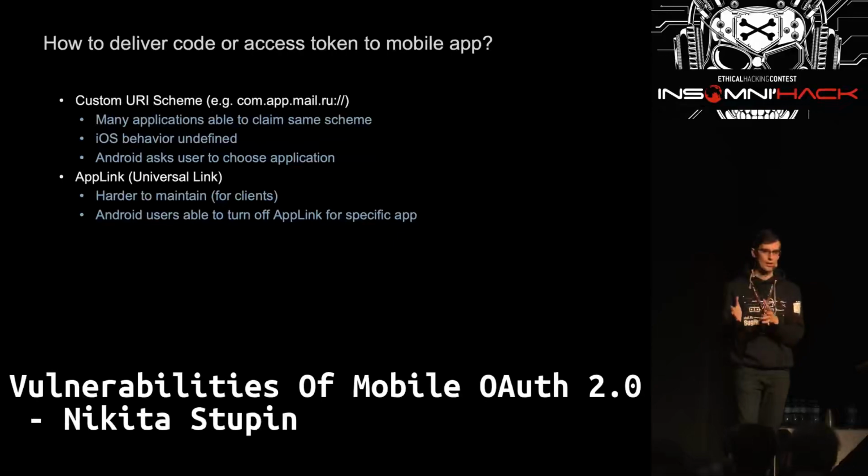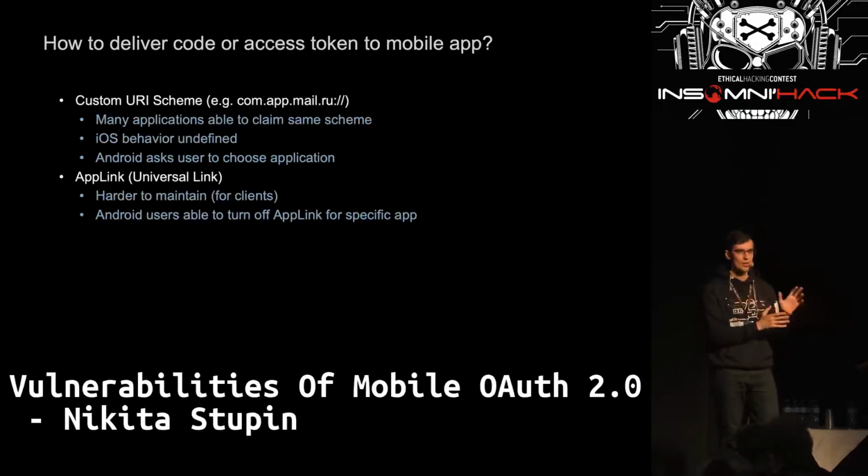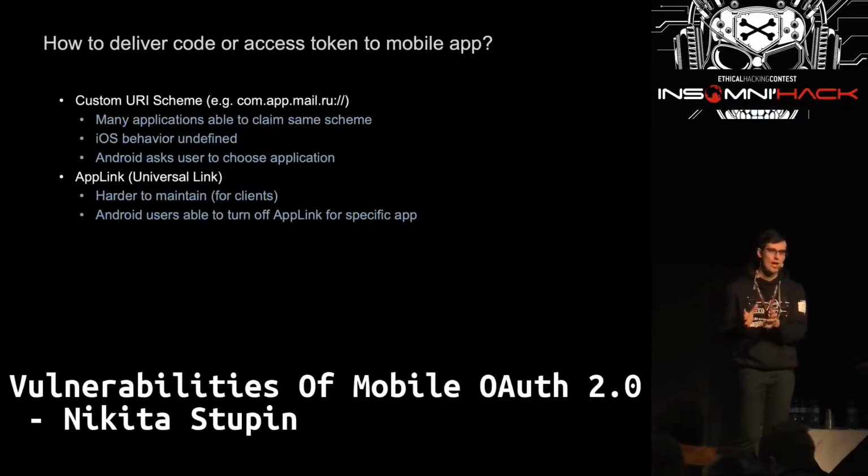One way is a custom URI scheme, and the second one is an app link. We're not going to talk about app links much because they're not commonly used for these purposes, and they are not supported in some older versions of OSs. So we will focus on the most commonly used way, custom URI scheme.